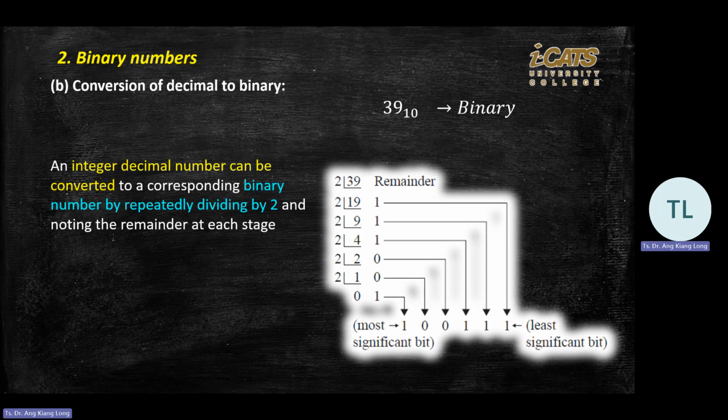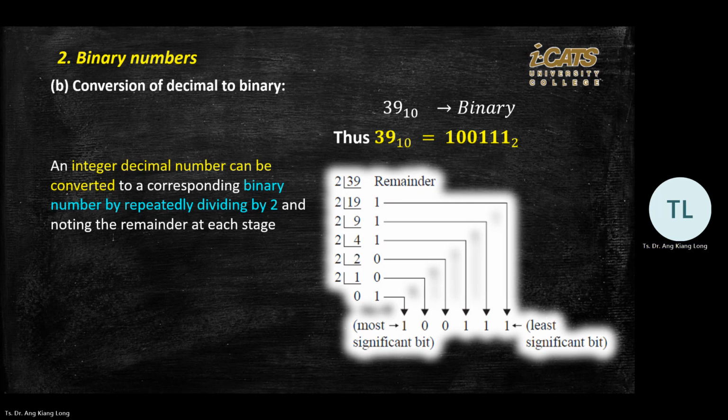The answer is 100111, and then at the bottom there, remember to put a 2 there. This is the answer. So in the test, if this one comes out, you need to show me these steps. You don't need to write the remainder. I just want to see you know how to do this one.